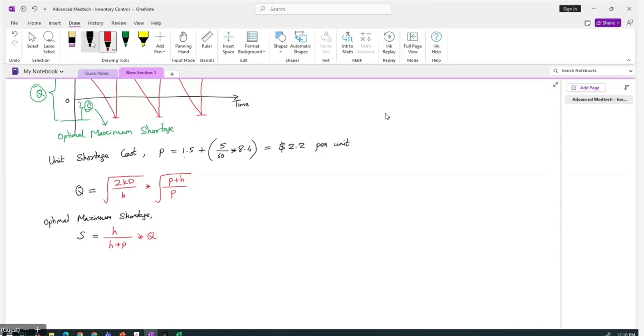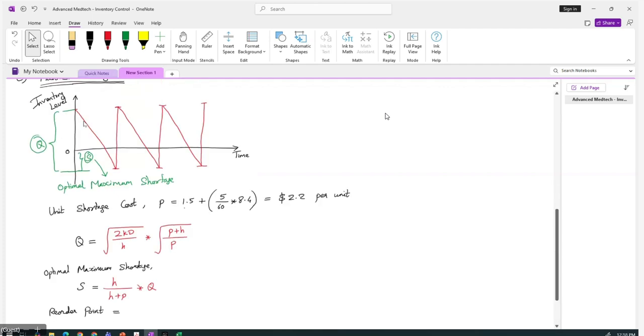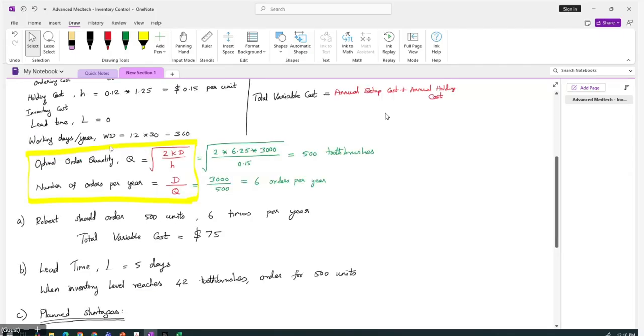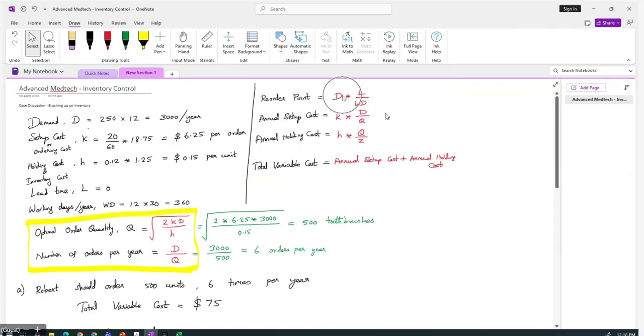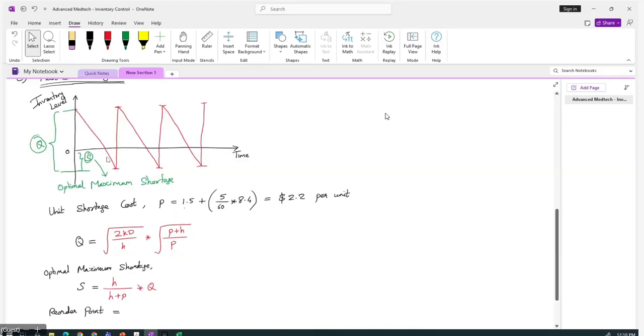And then in this context, the reorder point can be determined as follows. Now you can see, look at the scenario. Earlier, what was the reorder point? It was just demand into L divided by working days. Now, what should I do? I have to account for this negative shortage also.